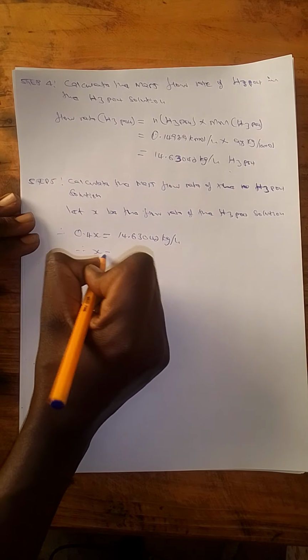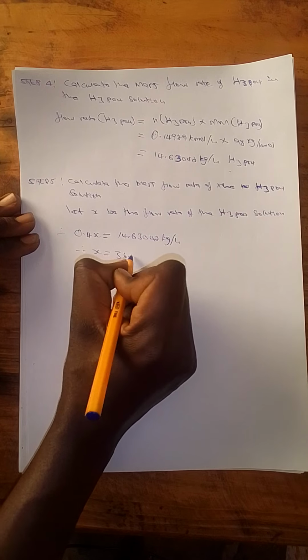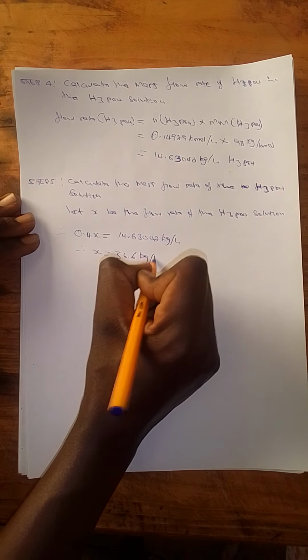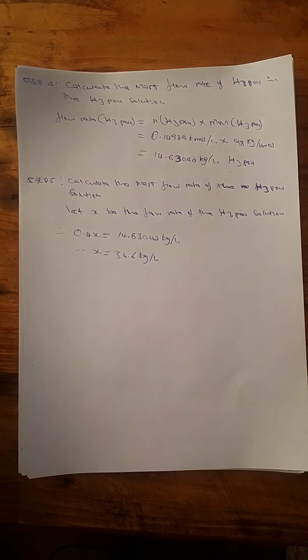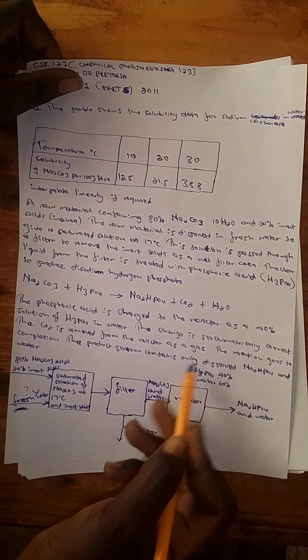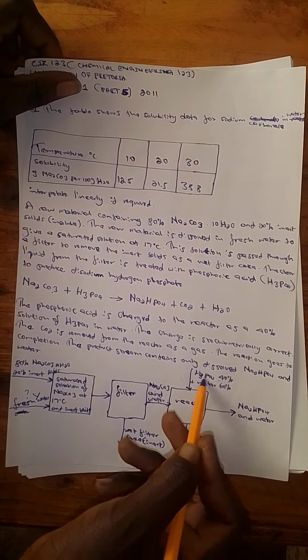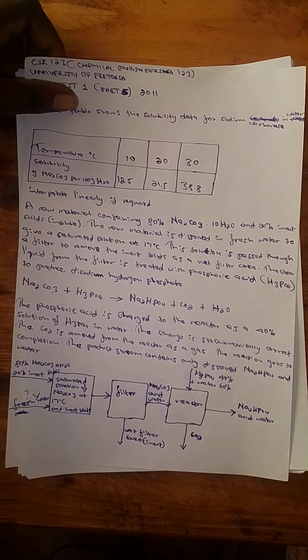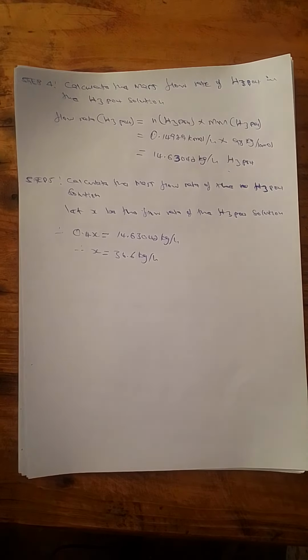Therefore, X is equal to 36.6 kilograms per hour. So that becomes our final answer. Remember, what we did here was that because we know this is 40%, we defined the whole thing as X and used that 40% and the mass flow rate of H3PO4 to get X.